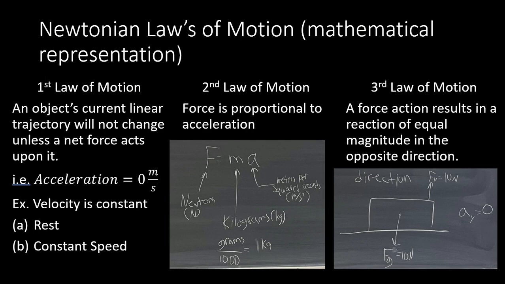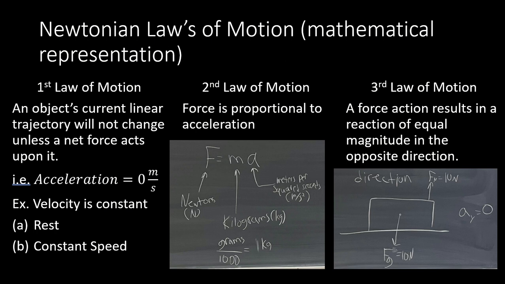Getting into Newtonian laws of motion, there's some talk about adding to these, but the main laws that he looked at were the first, second, and third laws of motion, which can be represented mathematically. Usually it's best to actually look at the second law first, which just says that force is proportional to acceleration.